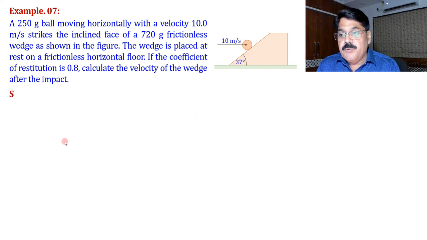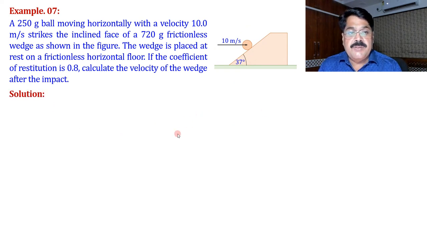So how do we proceed? We consider the N and T components of the ball before and after collision. The T component will remain the same and the N component will change. Similarly, after the collision, the velocity of the wedge will be assumed V and its N component will be shown.